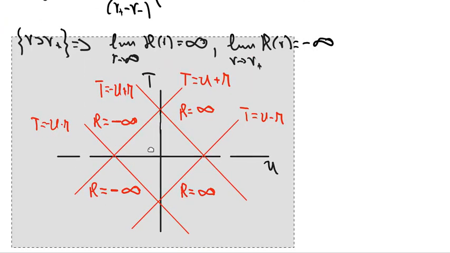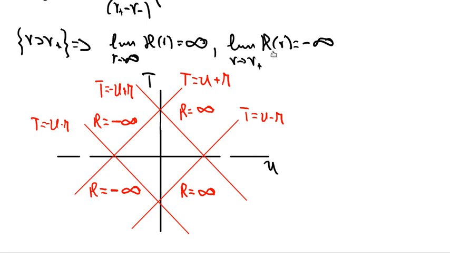Okay, get the picture here. Since r going to minus infinity corresponds to small r going to r plus, it means that in this case we have that big R equal to minus infinity corresponds to small r equal to r plus.